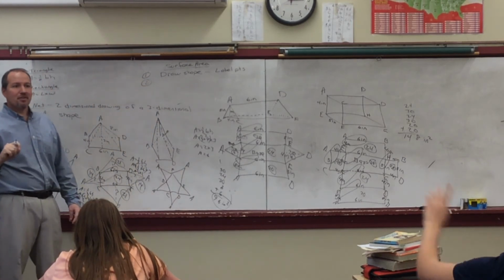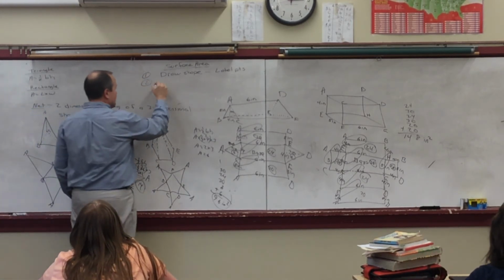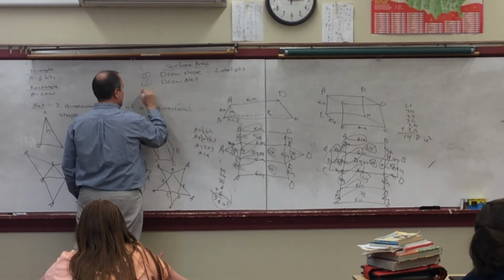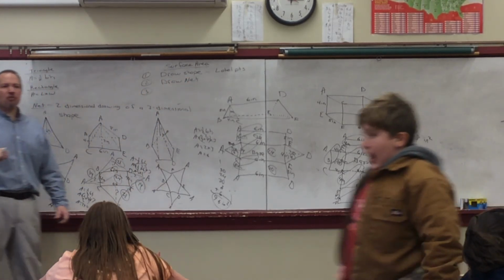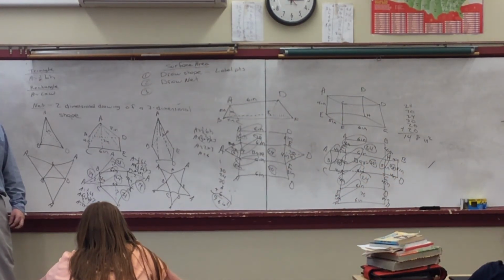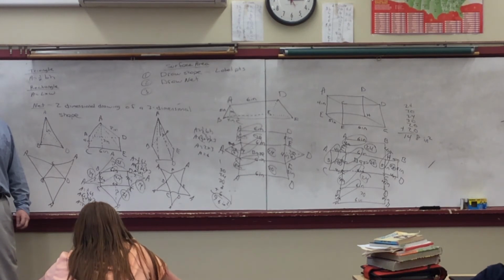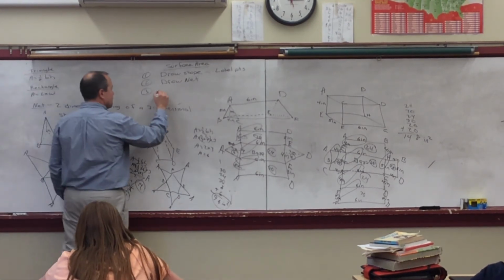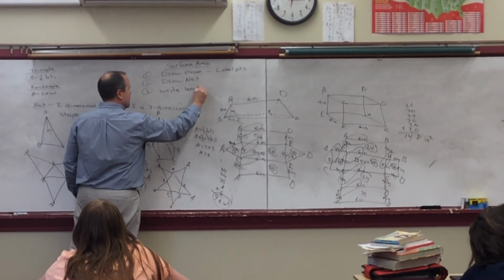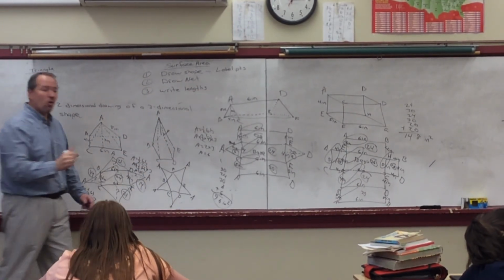Step 2. Now we're going to draw the net. Step 3. Put in the length. You're going to write the lengths on the net.